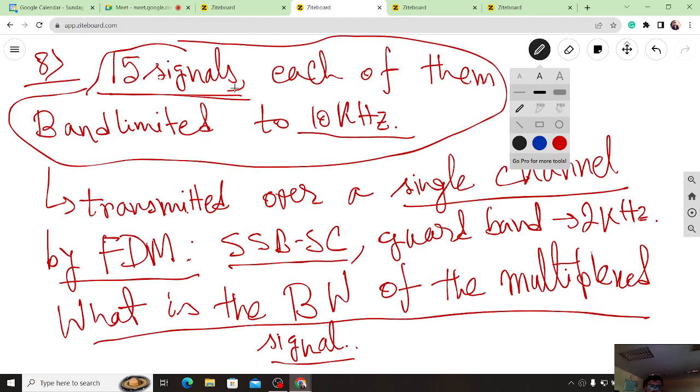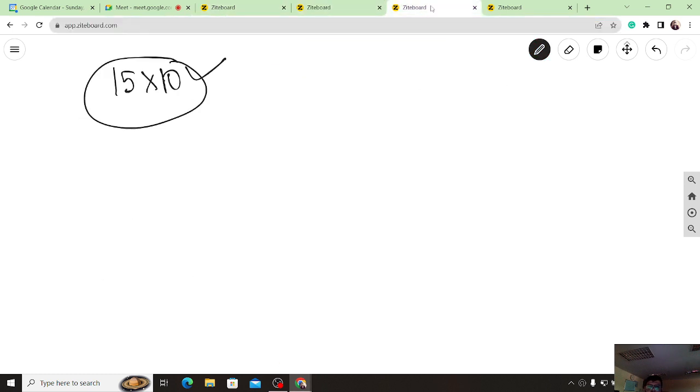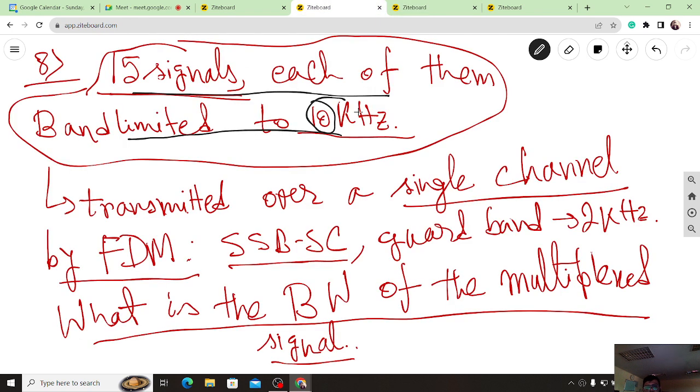The required bandwidth is 15 into 10. This is at least necessary for sending all these 15 signals of 10 kilohertz. Total bandwidth here is 15 into 10, that is 150. But there is also the guard band of 2 kilohertz for single sideband suppressed carrier.